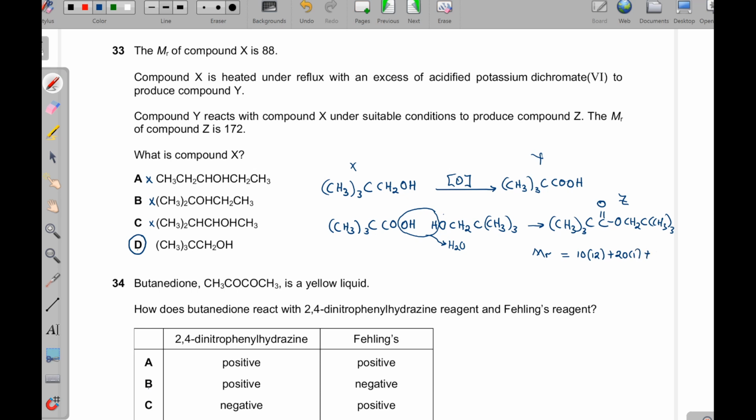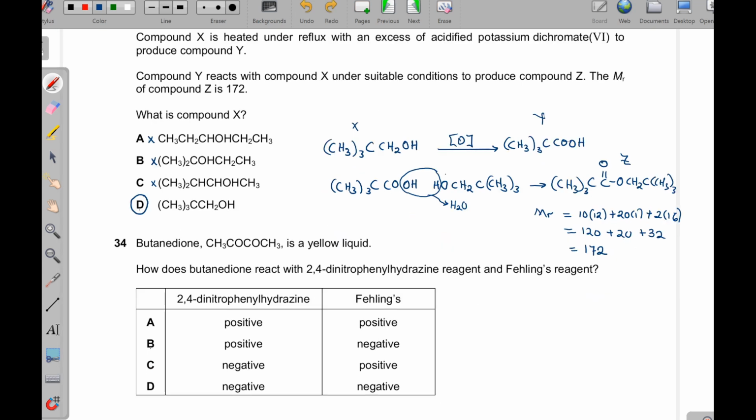And then oxygen, there are 2, each of them, the Ar is 16. So this is 120, then plus 20, that is 140, then plus 32. This one will give us 172. So you see the molecular mass of compound Z is 172. So our answer is D.